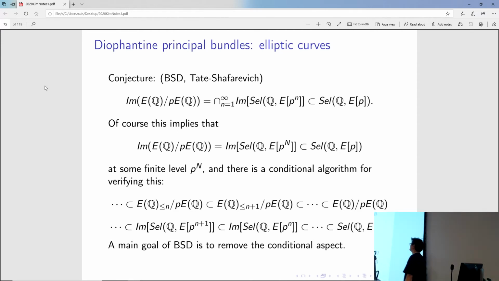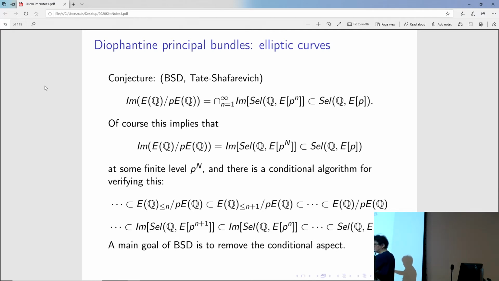And now here's the important part: the BSD conjecture says that this image has to equal one of these finite level Selmer images. In fact, there's a conditional algorithm for verifying this.